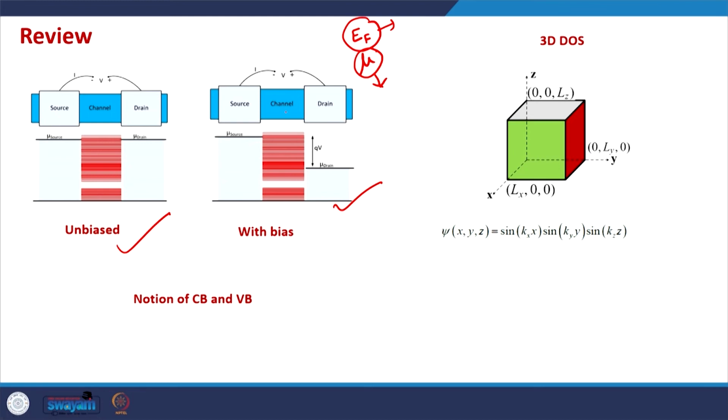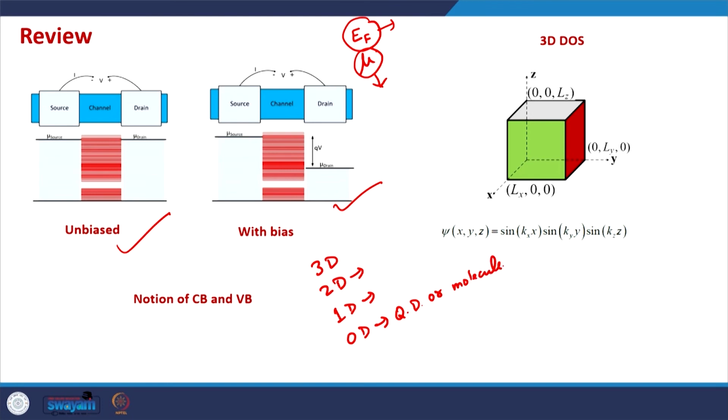this channel region can be a 3D channel like most of our conventional devices. This can also be a 2D channel like graphene nanoribbon or even MoS2 material. This can be a 1D channel like a nanowire, or this can be a 0D channel, for example quantum dots or molecules.